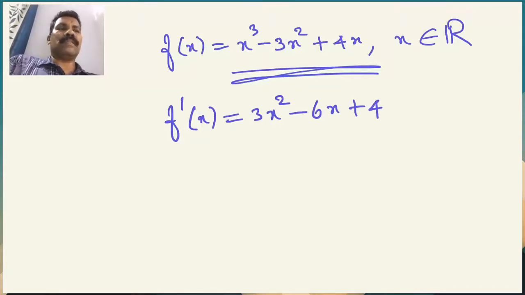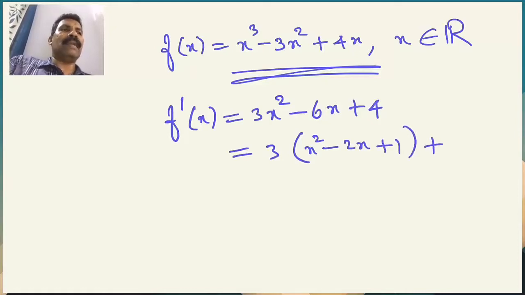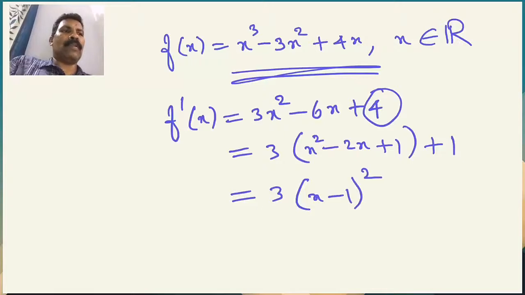And here this could be written as 3 into x squared minus 2x plus 1, then again a plus 1 we can write, because we have to adjust a 4 there. So that is equal to 3 into (x minus 1) the whole squared plus 1, and you can see this quantity is greater than or equal to 0, because being a square, the minimum value of this square is 0 only.